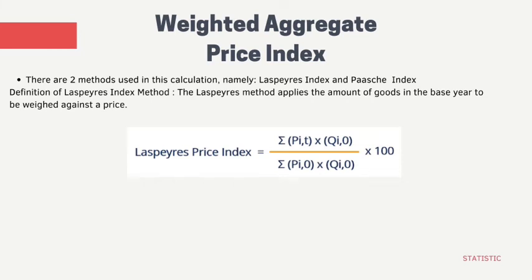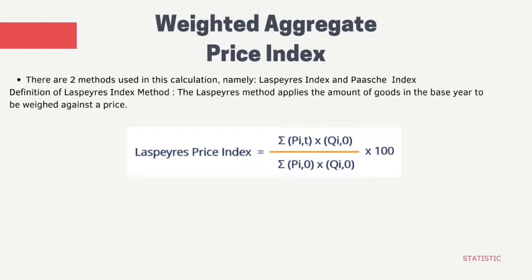Weighted aggregate price index. There are two methods used in this calculation, namely Laspeyres index and Paasche index. The definition of the Laspeyres index method is that it applies the quantity of goods in the base year to be weighed against a price.